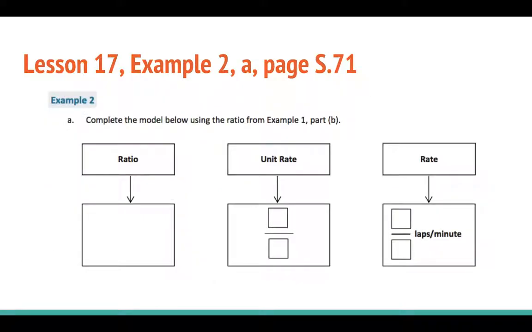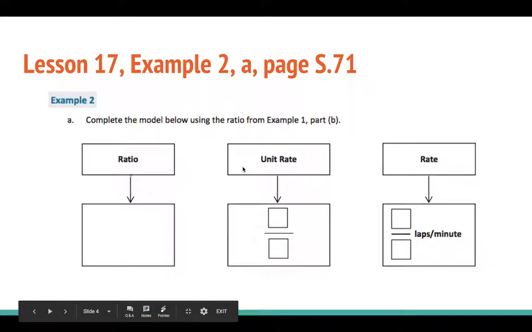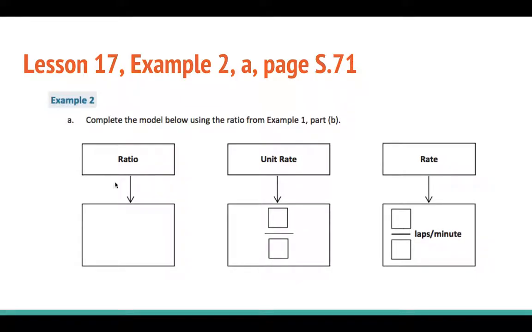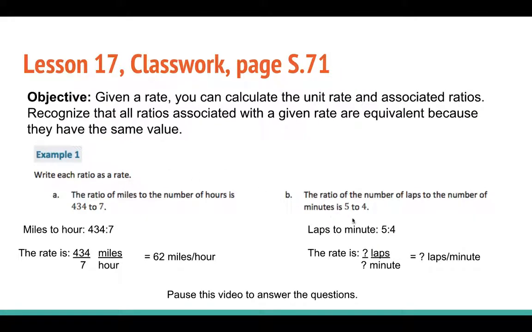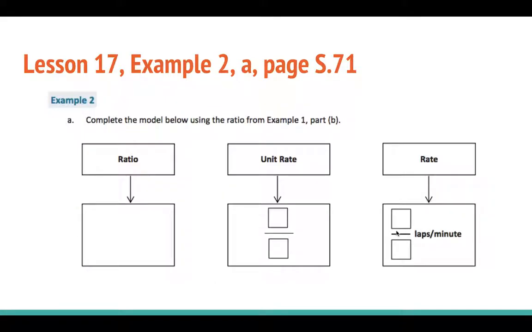Now, you are going to be working with this diagram, and this will help us go from either ratio to unit rate to rate or the other way around. For example 1, you're going to use the numbers that we got here, 5 to 4. So our ratio, we said, was 5 to 4 laps to minutes. As a unit rate, we're finding the value of this ratio, so we're turning it into a fraction.